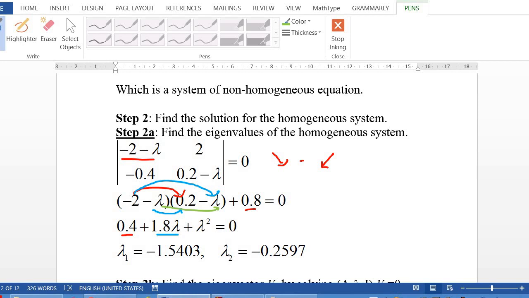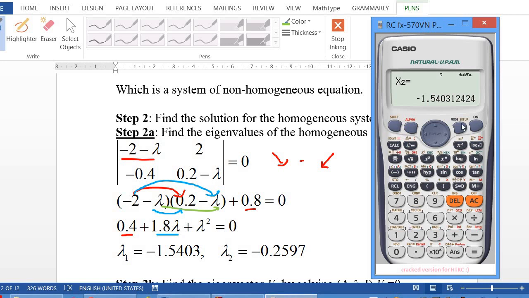For example, you can go to your scientific calculator. Number 5 is the equations mode. This is actually the quadratic equation, which is the third option, ax squared plus bx plus c, number 3. Then just input the coefficients for your quadratic equation.